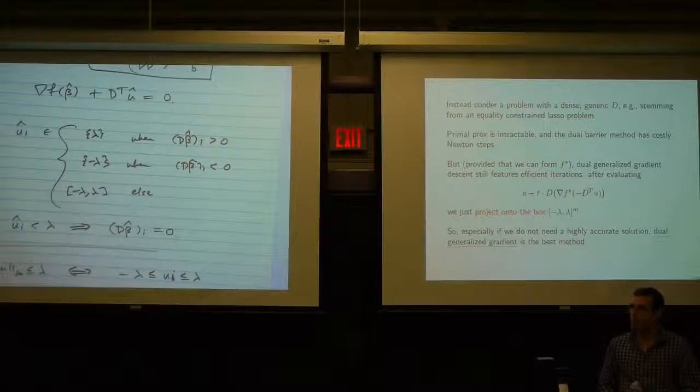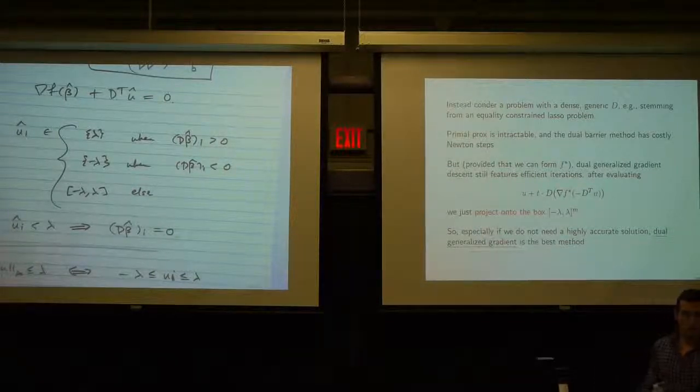about the primal proximal gradient descent? Well, we can't really do that because if D is generic, I told you, right? We can't solve that proximal operator. Subgradient, maybe, right? It's kind of like our last resort most times. But how about the dual generalized gradient? That's really ideal for this setting. Because all it involves to form gradients is multiplication by D transpose, matrix multiplication.